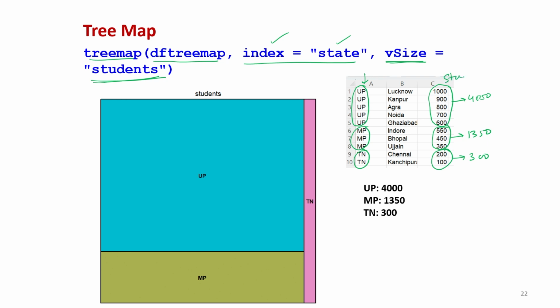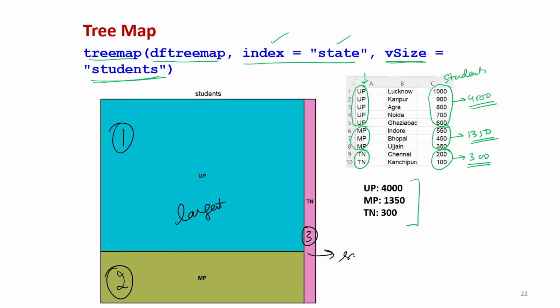Students are here in the third column. You can see the number of students in UP is 4,000, in MP 1350, and in Tamil Nadu 300, which is written here. Now if you look at this map, there are 3 rectangles, 1, 2, and 3. The rectangle number 1 in blue color is the largest, and rectangle number 3 in pink color is the smallest.